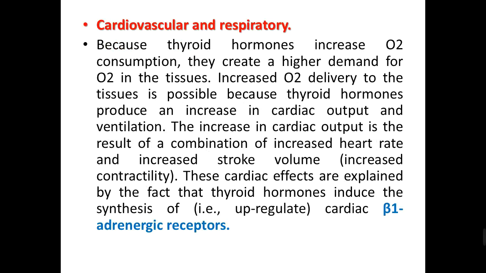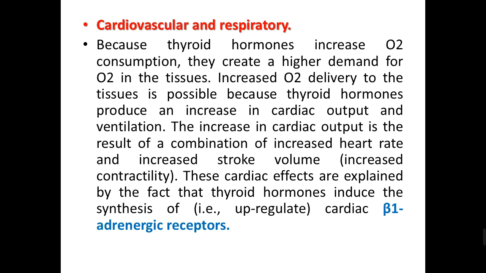On cardiovascular and respiratory, because thyroid hormone increases oxygen consumption, they create a high demand for oxygen in the tissue. Increasing oxygen delivery to the tissue is possible because thyroid hormone produces an increase in cardiac output and ventilation.